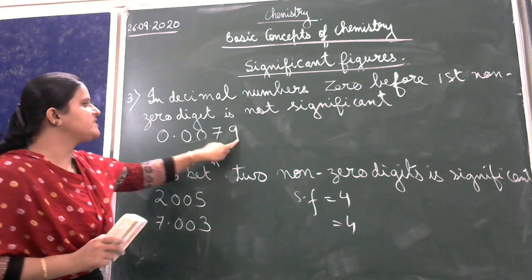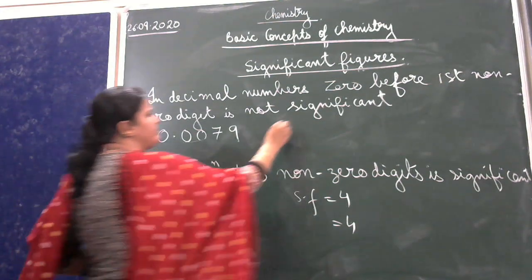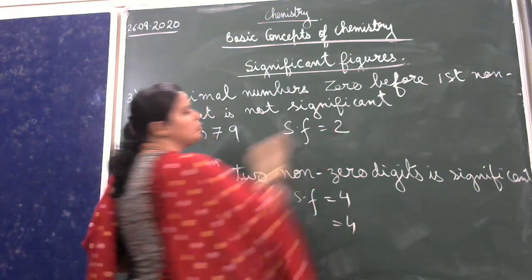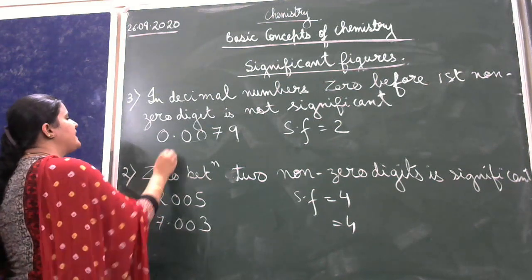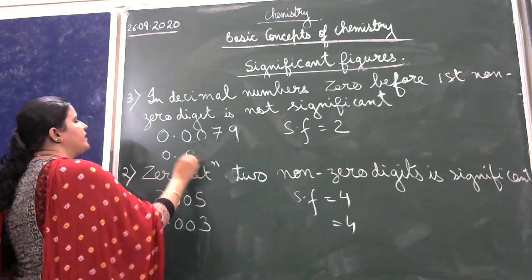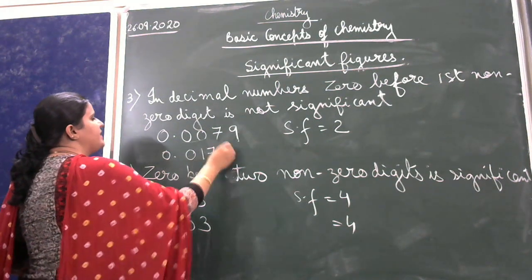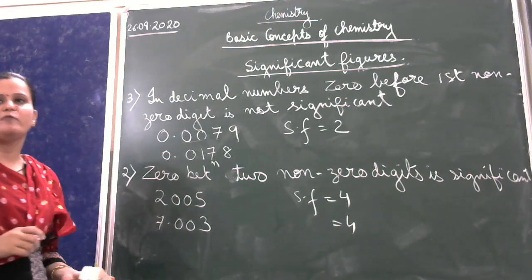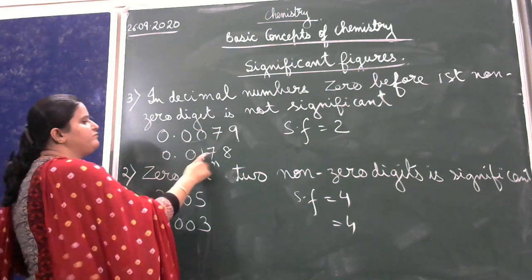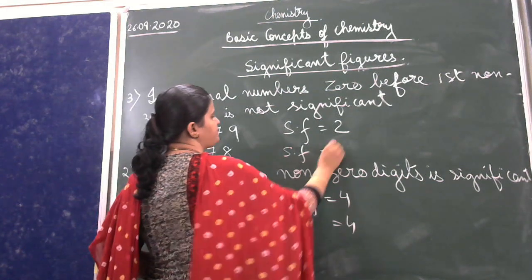So how many significant digits do I have? My answer is 2. Similarly, if I take this example, 0.0178, how many significant figures will I have? I will have 3 significant figures.